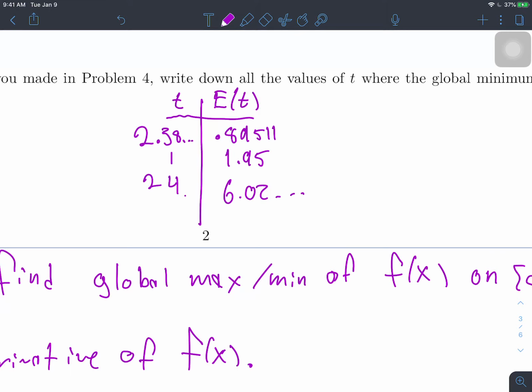We took all of the possible candidates for a global minimum and put them in this table. Am I ready to decide where the global minimum of this function E of t is on the interval 1, 24? Is there anything else I need to consider before I pick one?